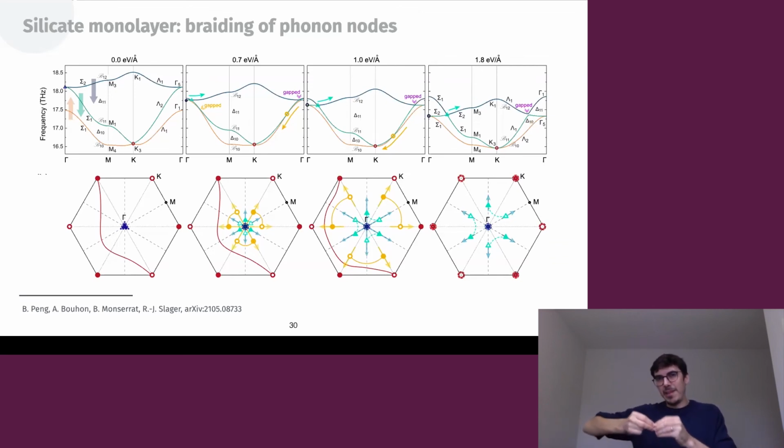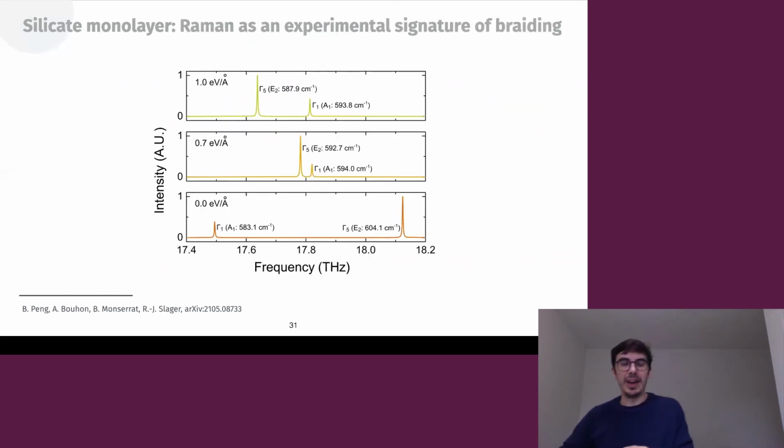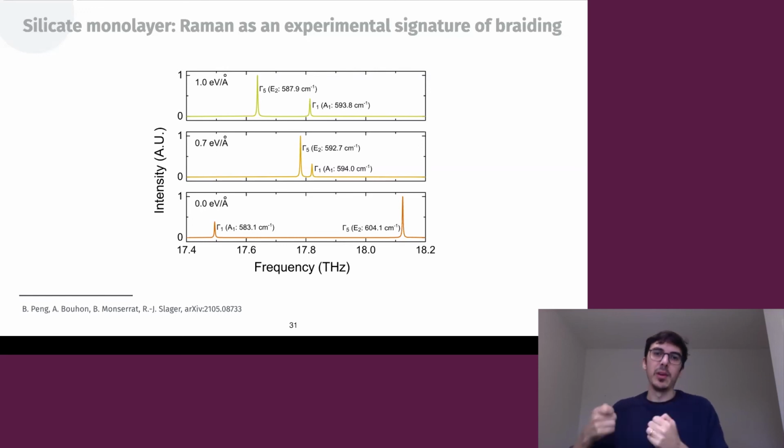And of course, we have a very simple, if you want, approach to study phonons at the gamma point, which is Raman spectroscopy. So we actually have a concrete proposal for any experimentalists in the audience here as to how to probe the braiding of these phonon modes in this system, which is to simply follow the evolution of the Raman peaks in the system.